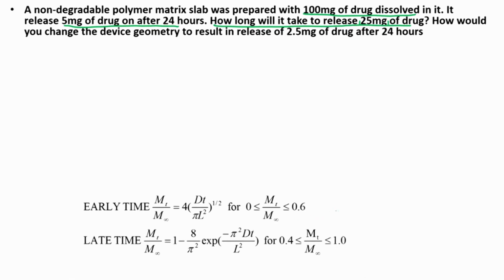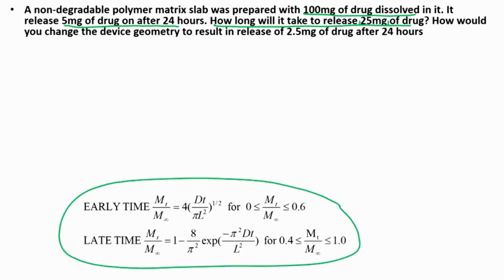So, we already know that for a polymer matrix slab the equations are these for the early and the late time through our class. This is of course after approximation for early time and the late time, where early time is anywhere between 0 to 60% of the drug being released, and late time could be anywhere between 40 to 100% of the drug being released. In this case the total drug that is loaded is about 100 milligram, and what has released is only 5 milligram.